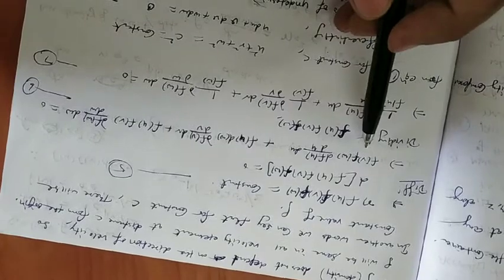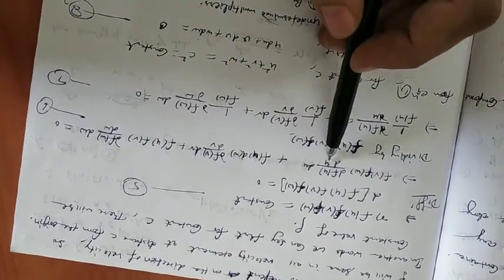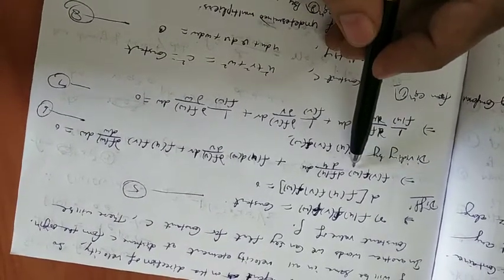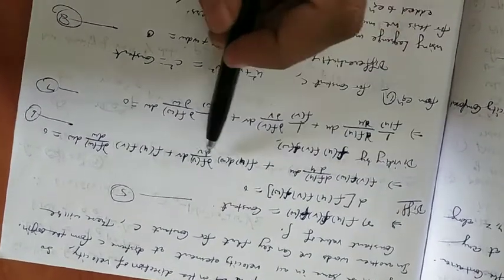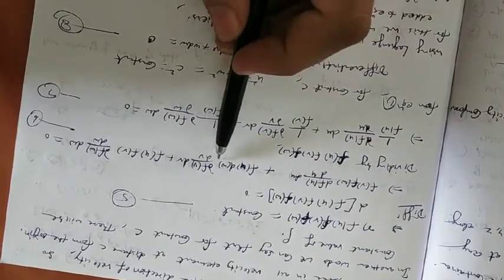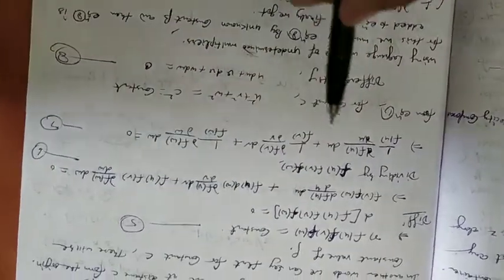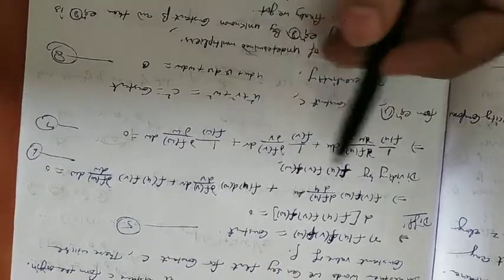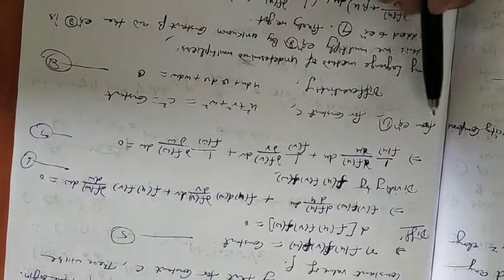Differentiating it, firstly we differentiate with respect to u, so f(v) and f(w) remain outside, and similarly for v and for w. Dividing it by f(u) f(v) f(w), this equation can be written as equation 7.